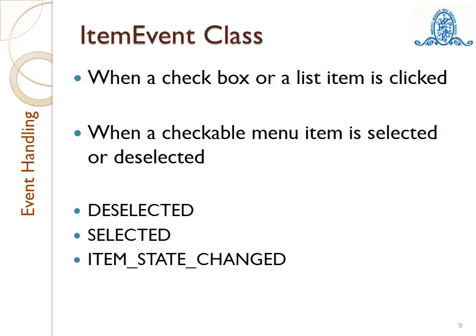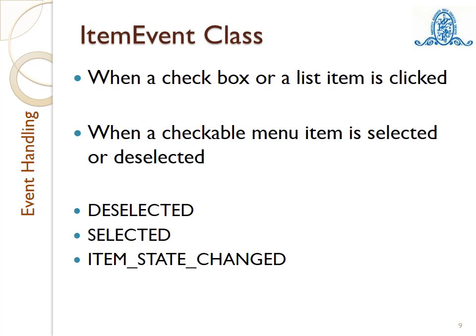The second event class is the ItemEvent class. This item event is generated whenever a checkbox or list item is clicked, or when a checkable menu item is selected or deselected. So here the event sources are checkbox, list and checkbox menu item.